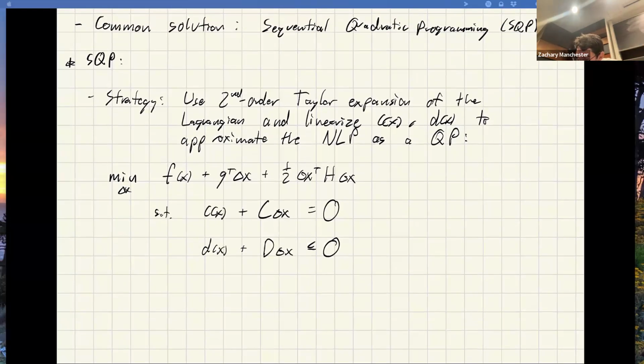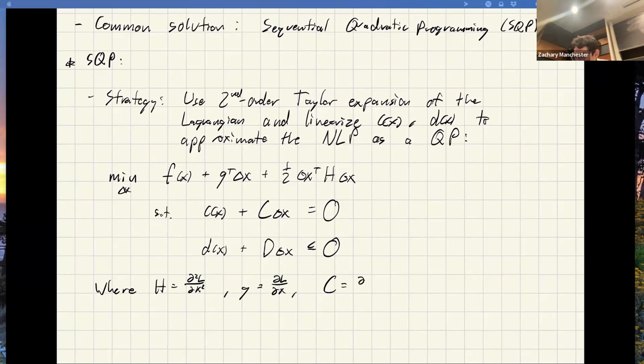I should be clear here. H is going to be d squared L dx squared, the Hessian of the Lagrangian. If I just take the Hessian of the objective, this would be Gauss-Newton. If I take the full Hessian, including the Hessian of the constraints with the lambda in there, then it's full Newton. Either way. And then the gradient is the gradient of the Lagrangian.